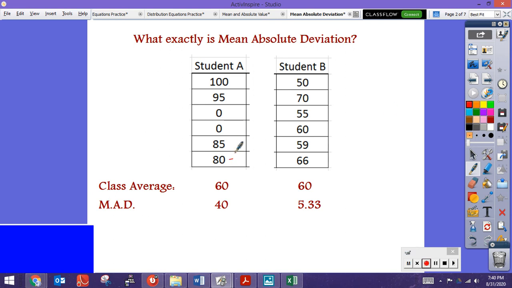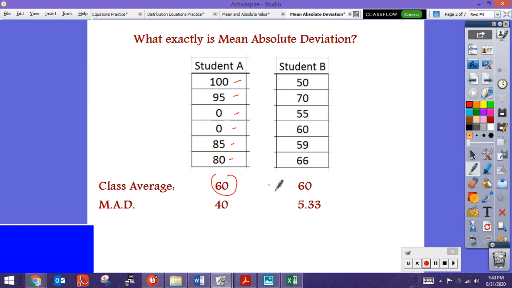The distance that all these grades are from the average is high, because their average is 60, but they got zeros, they got hundreds, they got 95s. All their numbers are so far apart from their average, and that tells me this student's grades aren't very consistent. If I look at student B, their mean absolute deviation is only 5.33.